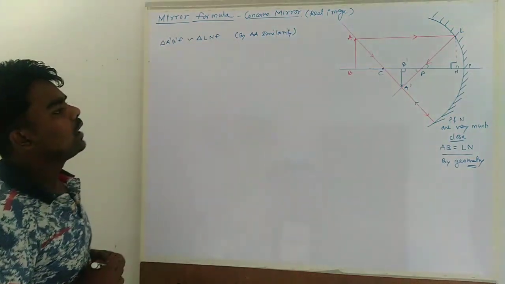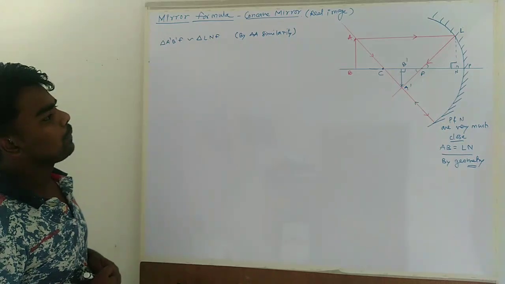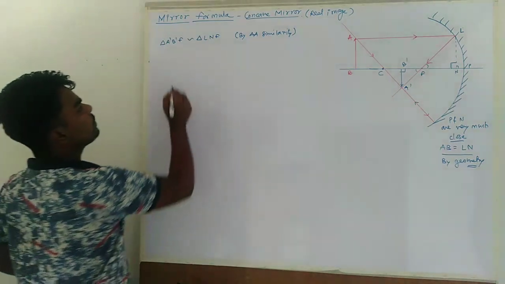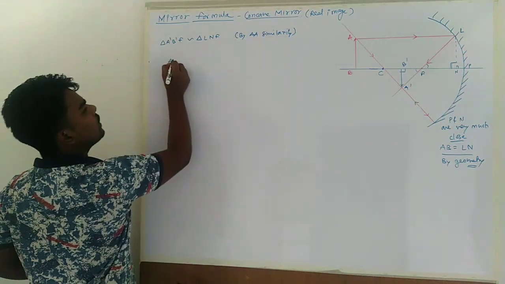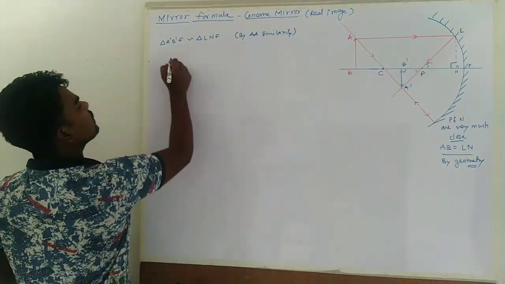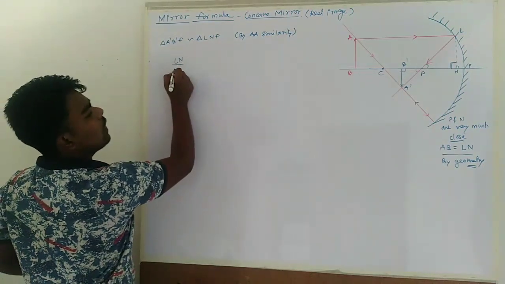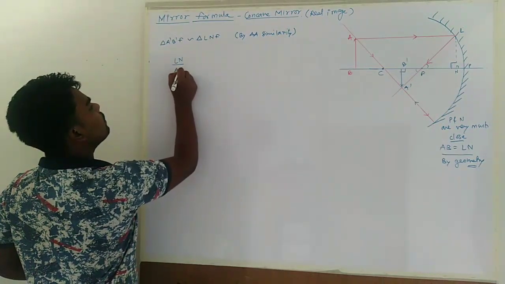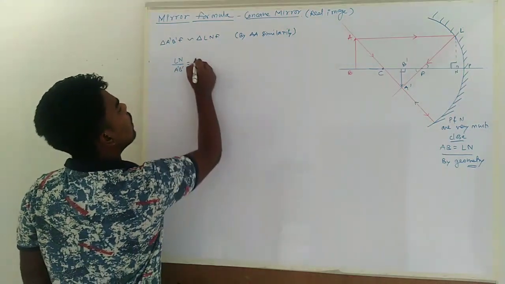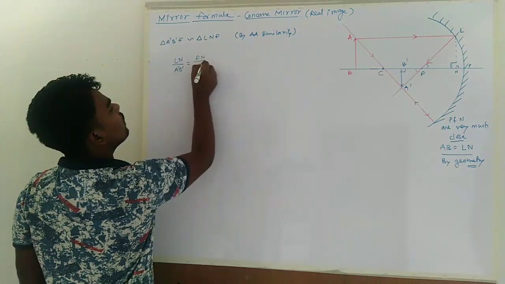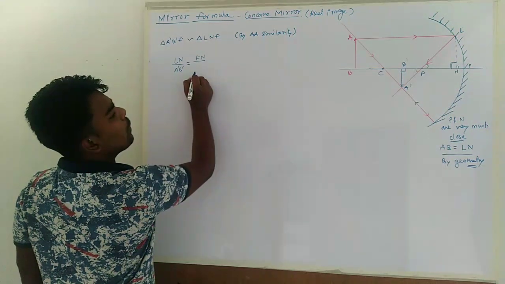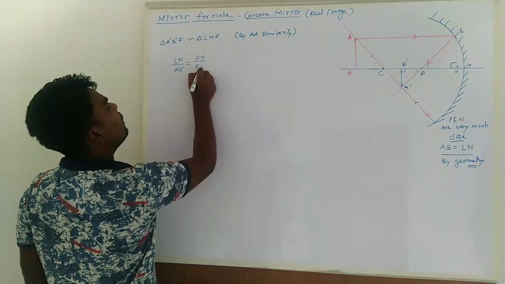Okay, both of them are similar. So if both of them are similar, we can write A dash, or we can write Ln upon A dash B dash is equal to Fn upon Fb dash.